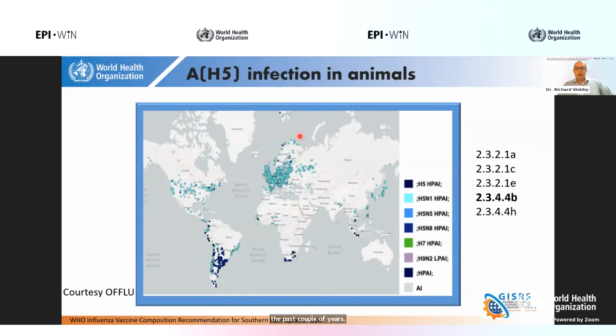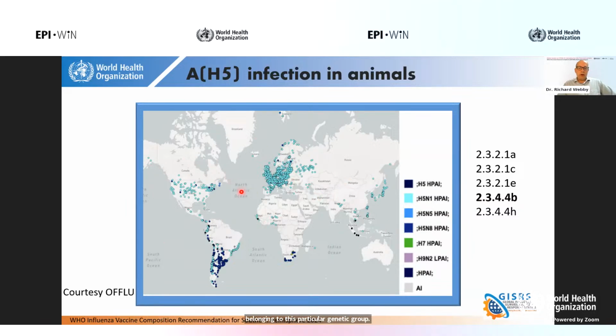Each of these dots represents a detection or an outbreak in animal populations, so primarily in birds, the odd wild mammal as well. This sort of number and alphabet soup over here describes the genetic clades of viruses that were detected in this period. The big one has been this 2344B, and viruses belonging to this particular genetic group are responsible for most of the dots that you see on this map.